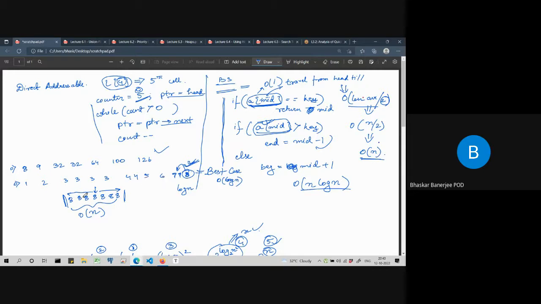So the first suggestion was that if I need to find the frequency of a given element, that's the question, and my array is sorted, the first step is I would find the element itself. If the array is sorted, then I can guarantee that the repeated elements would be consecutive. A 4 cannot come in between because it is a sorted array.